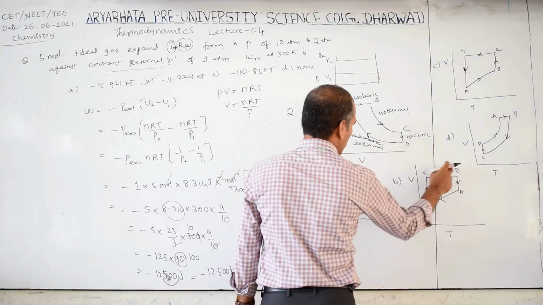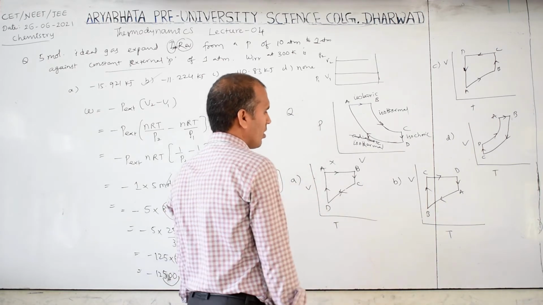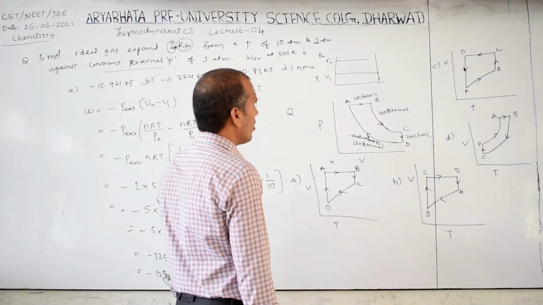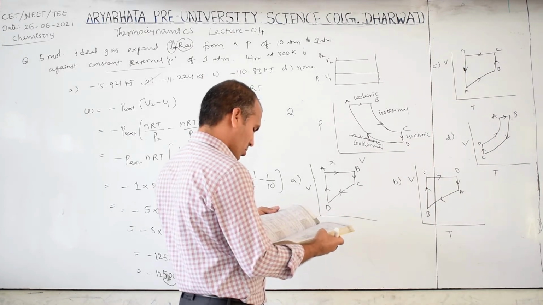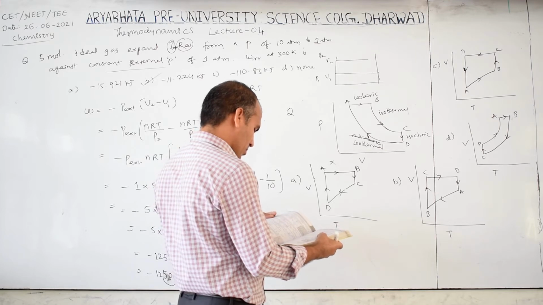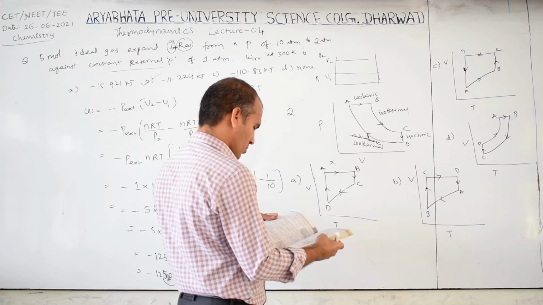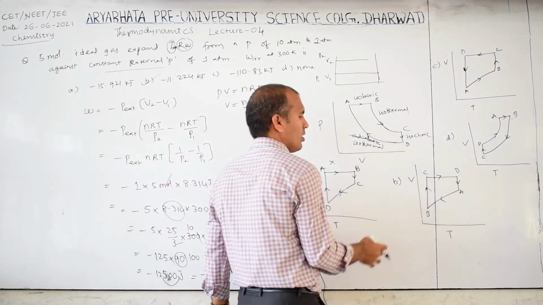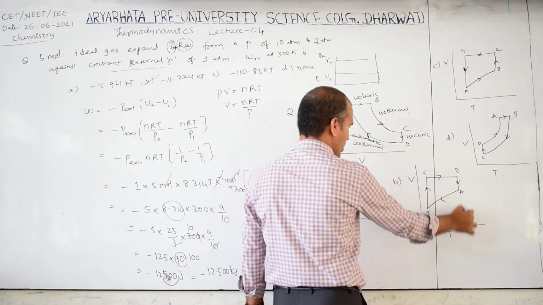C to D isochoric, correct? Then D to A isothermal, the temperature is constant.